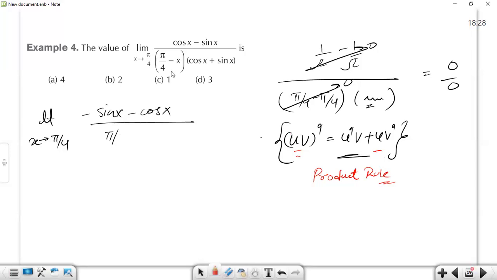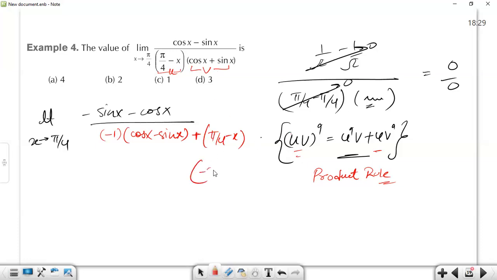So as we have, let us say this is u, let us say this is v. First we will differentiate u. So pi by 4 minus x, pi by 4's differentiation is 0, minus x differentiation is minus 1. Remaining will become the same. Plus now u as it is, multiplied by the differentiation of this.